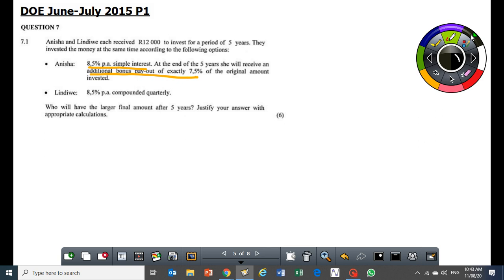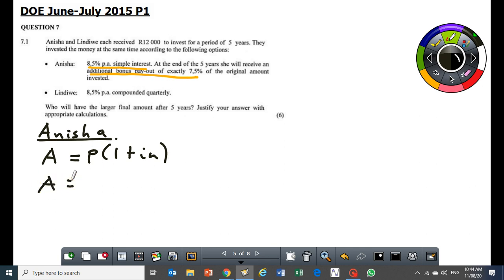I'm not sure how you approach it, but for the first one, for Anisha, since it's simple interest, the formula we use is the linear one that you were taught from grade 8 or 9. That will be A equal to P times (1 plus i times n). But Anisha has an additional payout, which is equal to 7.5% of 12,000.